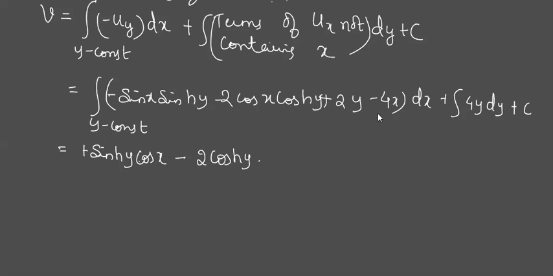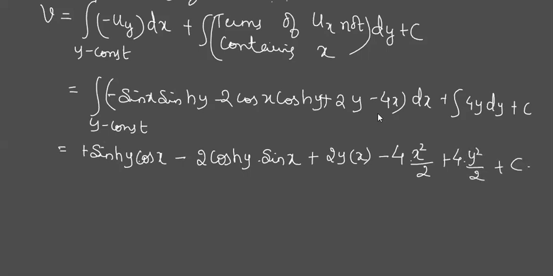What is the integration of cos x? Just sin x. 2y is constant, what remains is the integration of 2x? It is going to be x. Minus 4 times the integration of x, which is x square by 2, plus 4 times the integration of y, which is y square by 2. Only one simplification: the 2 can be cancelled here. This is the expression for V.